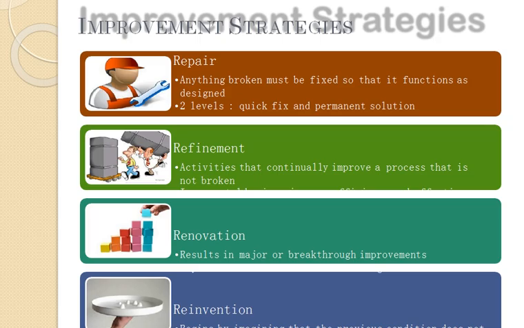So refinement must happen continuously to improve the process that is not broken. Renovation results in major or breakthrough improvement. So you have to keep on changing or renovating the machines at the workplace. Reinvention begins by imagining the previous condition that does not exist.